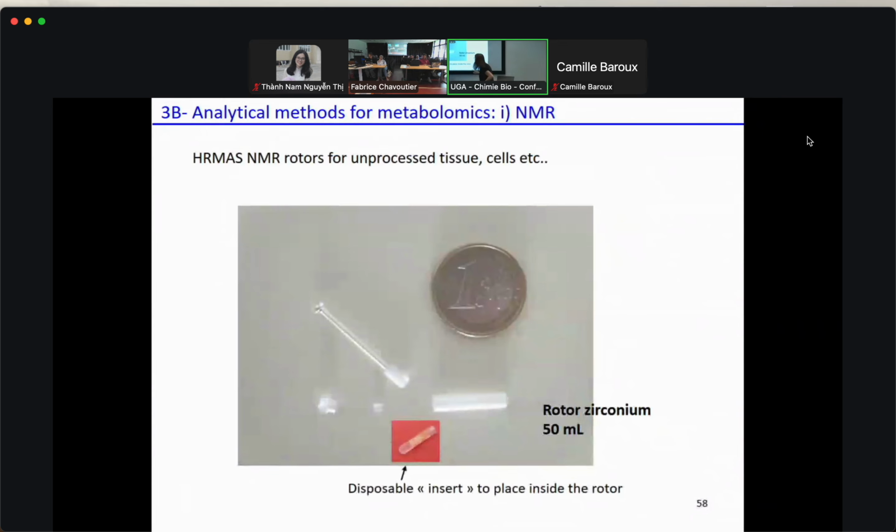You put the sample in this very small tube. You can see the size of the tube. It's very, very small, which is why we can analyze very small samples. Despite the fact that NMR is not sensitive, here we can analyze very small samples, and it's quite interesting.